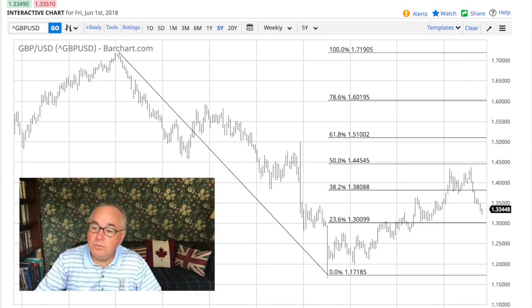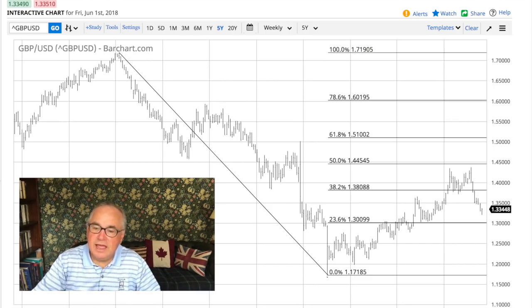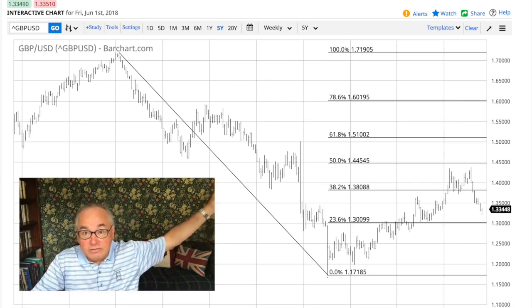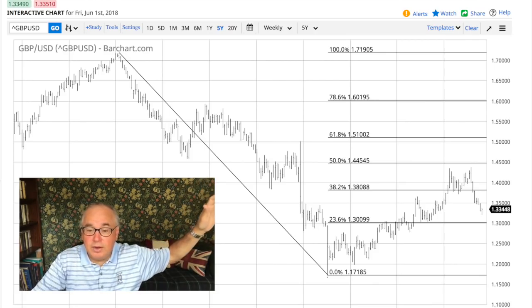A British pound, for all my UK viewers, I've done a weekly chart going back 5 years. The high was in 2014, and that high was even before Brexit or the referendum was announced. The pound topped almost at 172. Don't forget, it had topped at 211 just before the 08 crisis.